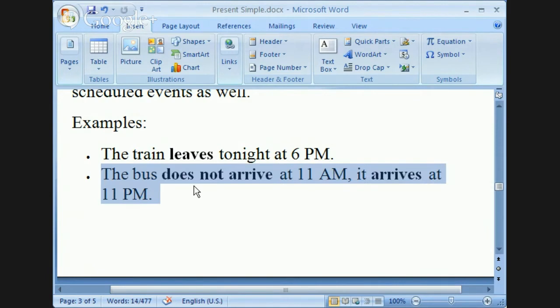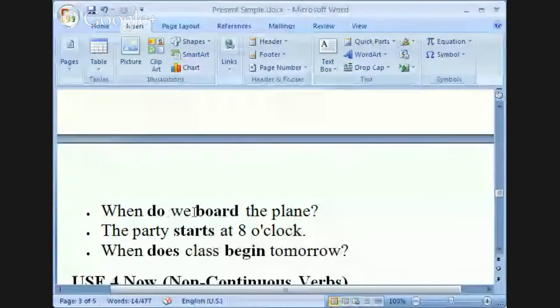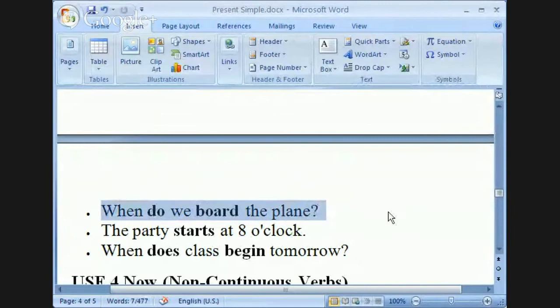Negatively, the bus doesn't arrive at 11 a.m., it arrives at 11 p.m. All right, the bus arrives. Same thing, really, there. When do we board the plane? A question about a future scheduled event.